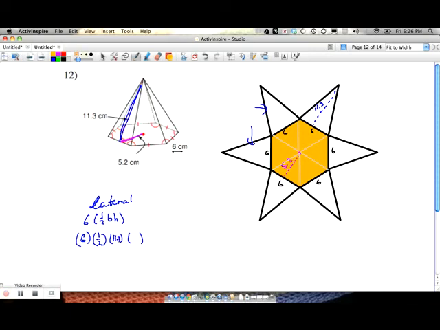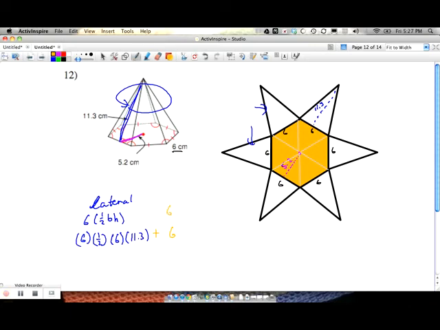And the base, oh, you know what, just for consistency here, let's put the base first. The base is 6, and then the height, like we were just saying, is 11.3. So that covers our lateral area, the part that goes around the outside. That's our lateral surface area. Now we need the base area as well, so we got to add the base to that. So we're going to put plus. Now this base is a series of 6 triangles.